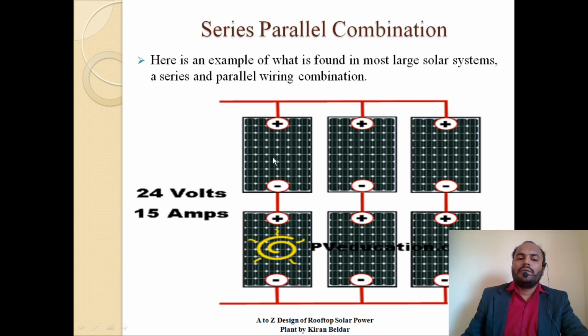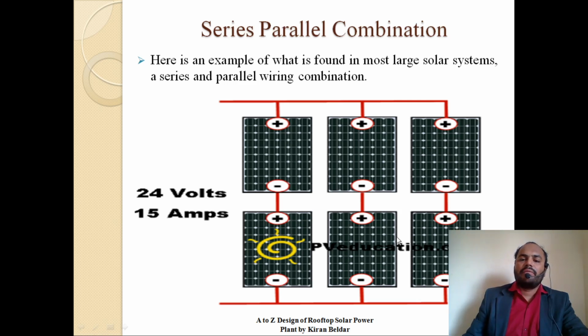So the voltage in the system is 24 volt. Here we are connecting these 3 series strings in parallel and taking out a combined power. The current of each panel is 5 ampere. When connecting in series, the current remains the same, so in each string the current is 5 ampere.